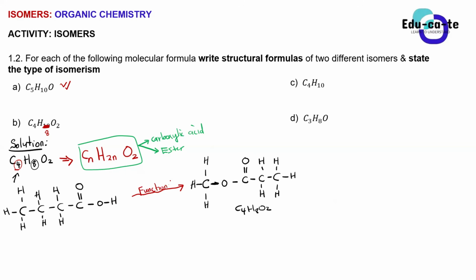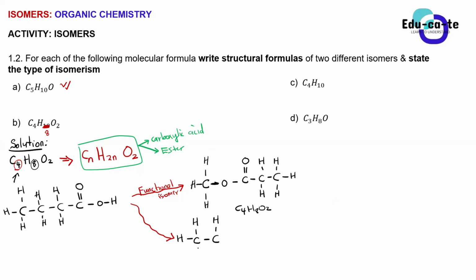It's not the only one, guys. You can draw many others from here. You can write many other structural formulas. You can even make ethyl ethanoate. It's still possible. If you make this ethyl ethanoate, you start with 2 carbons for your alkyl group, surrounded by 5 hydrogens.